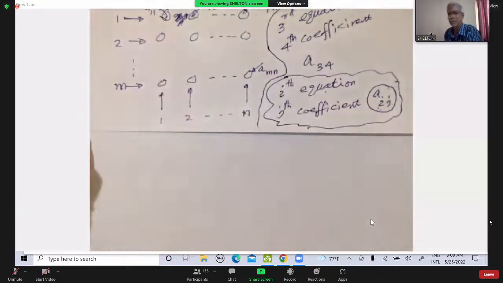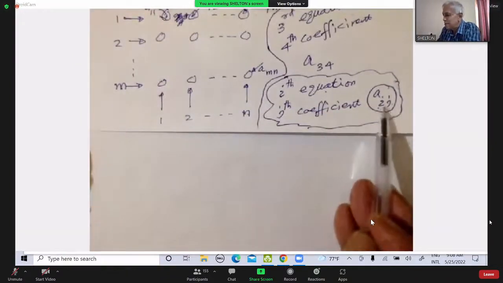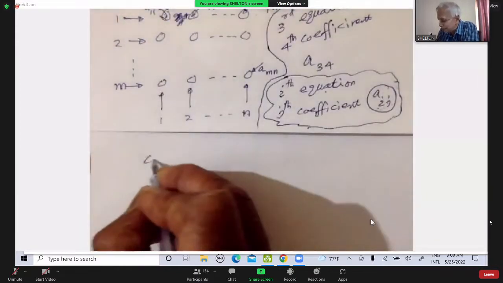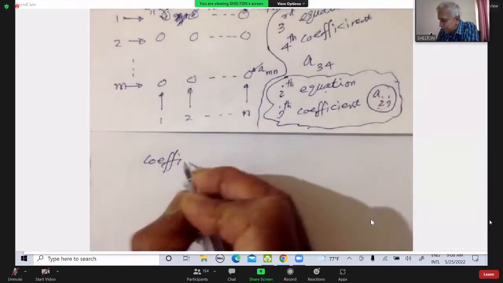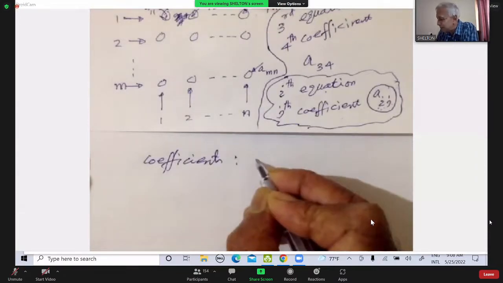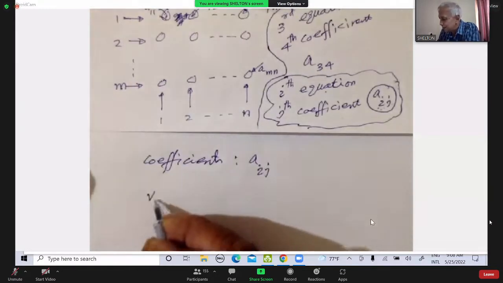Now write down the system of equations. First, write down the first equation using Aij and x1, x2, xn. The coefficients, what is the notation we are going to use? Aij.